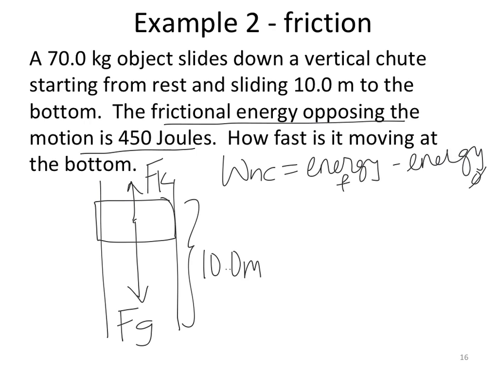The friction force is 450 joules, and the way that I do this, it's upward. However, the object is going this way and friction is going this way, so this is going to be negative work, and it goes 10 meters. So this is the friction work that's being done. Friction's this way, object's going this way, so 450 times 10.